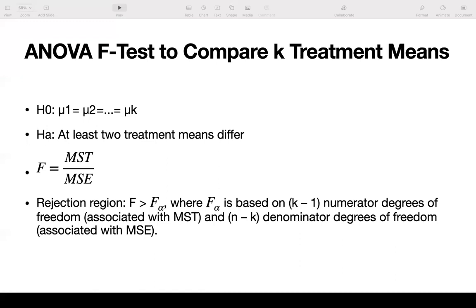The test statistic is F equals MST divided by MSE. The rejection region is where F is larger than F alpha, and F alpha is based on k minus 1 numerator degrees of freedom, which is associated with MST, and n minus k denominator degrees of freedom, which is associated with MSE.